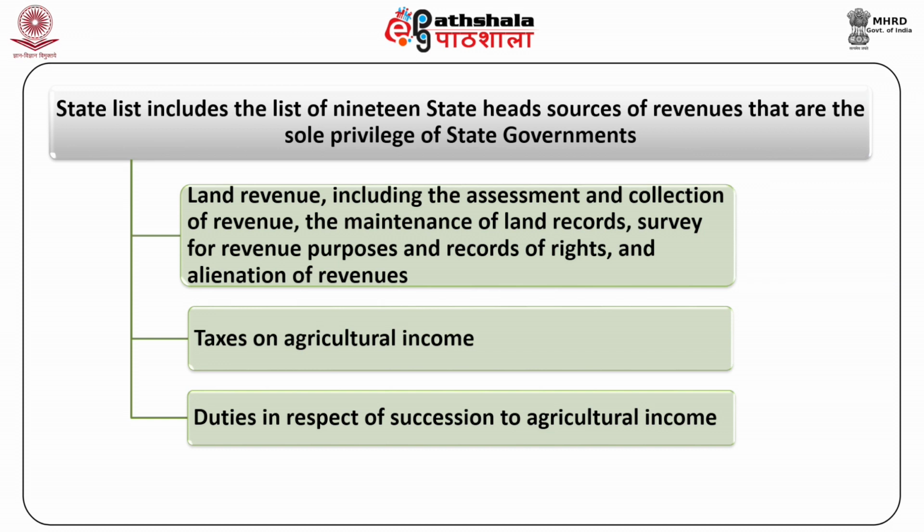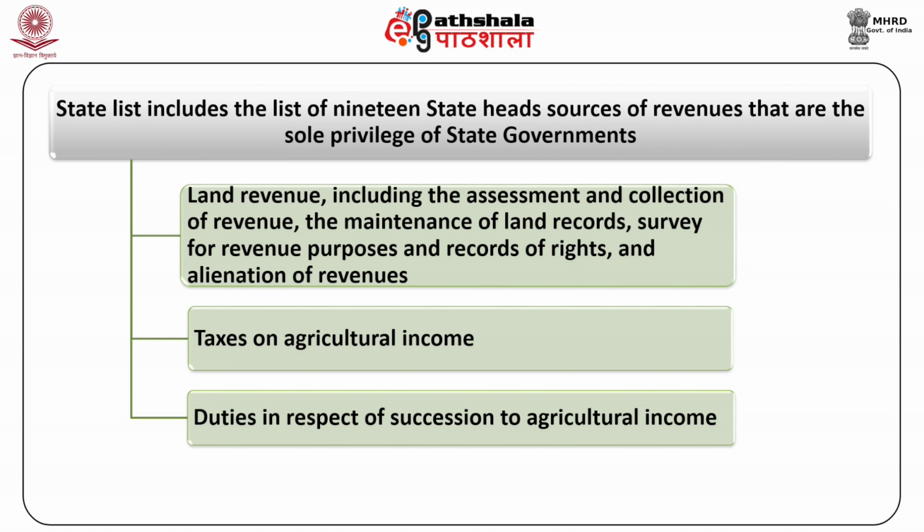The state list includes 19 state heads, sources of revenue that are the sole privilege of state governments. These are land revenue, including the assessment and collection of revenue, the maintenance of land records, survey for revenue purposes and records of rights and alienation of revenues.